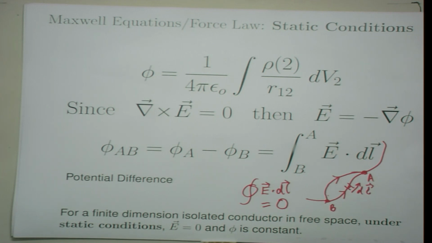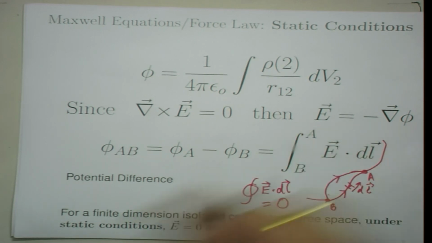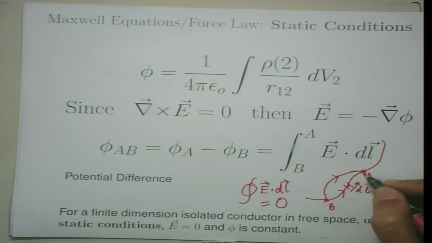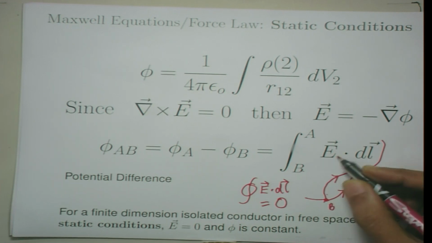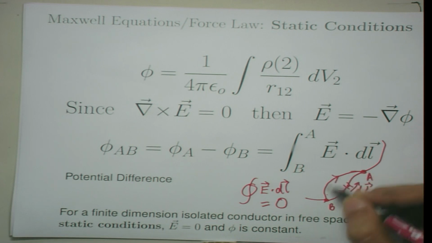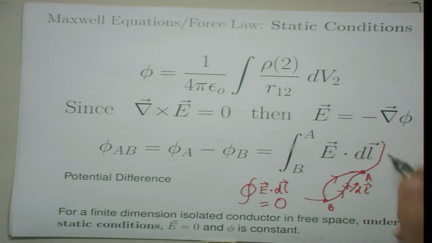If you integrate only from B to A, the path will not matter, because integrating E dot dl from B to A is going to be the negative of what you get integrating from A to B. So B to A along this path and B to A along this path, when evaluated, will give you the same answer.